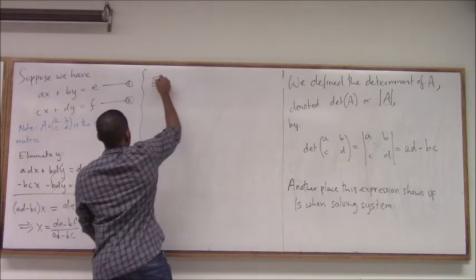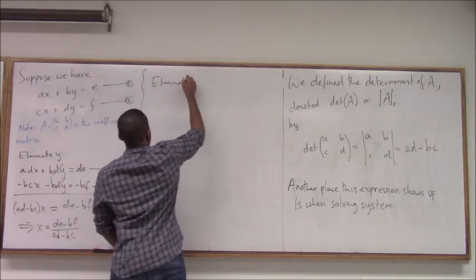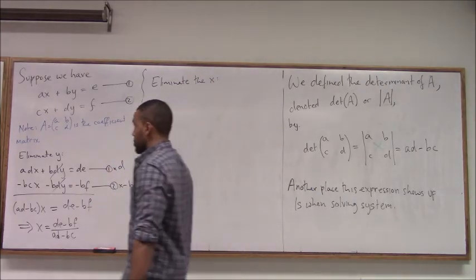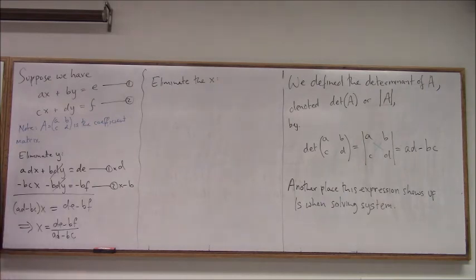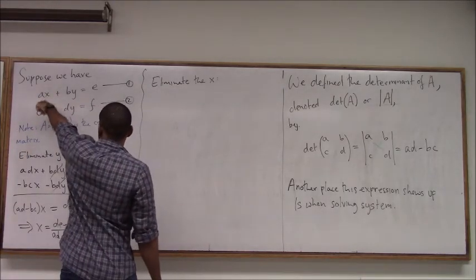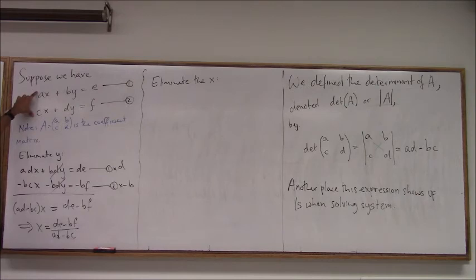What if you wanted to eliminate x? Again, I multiply by convenient numbers to cancel these. Of course, we're assuming that we can divide by this at this point, that there is some solution. It's possible that this is 0, and we have to deal with that case separately. Suppose now I want to eliminate x, so I want to make these two the same.